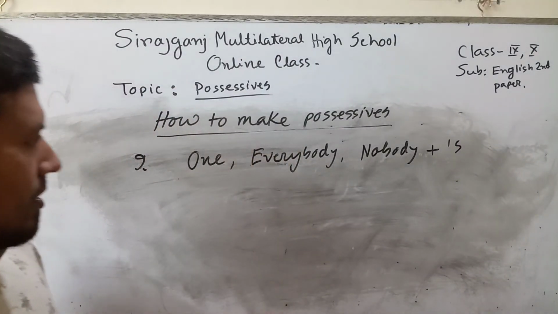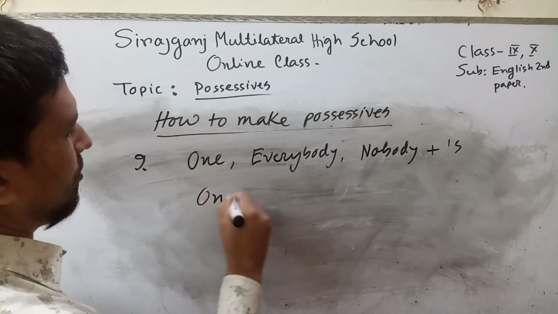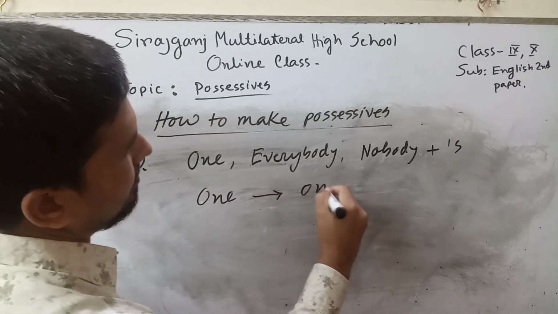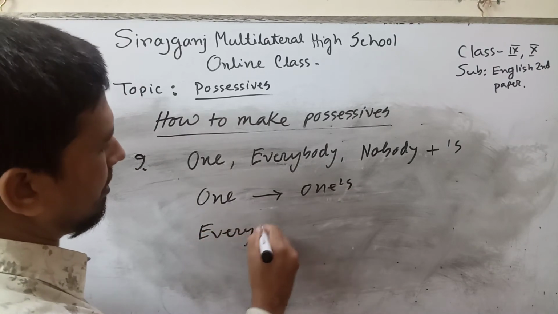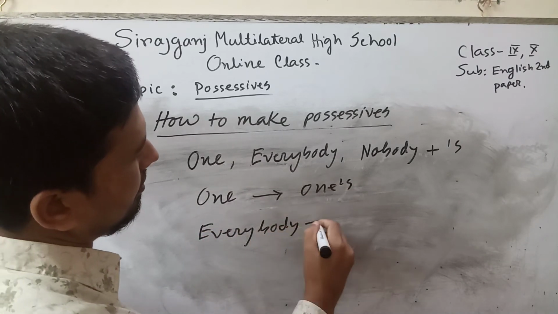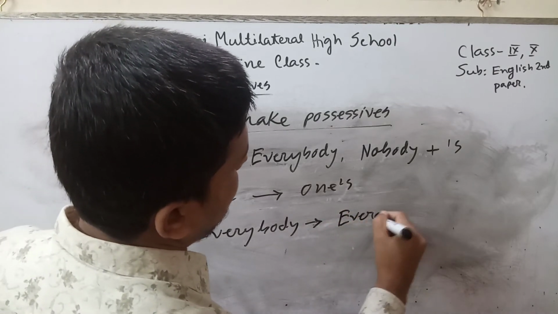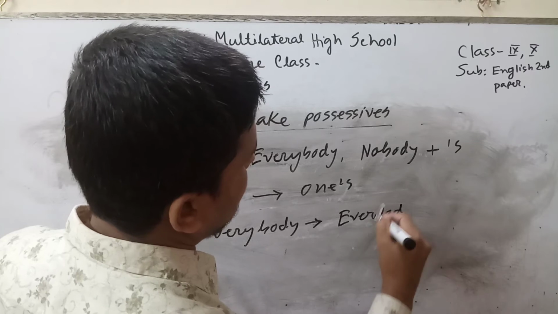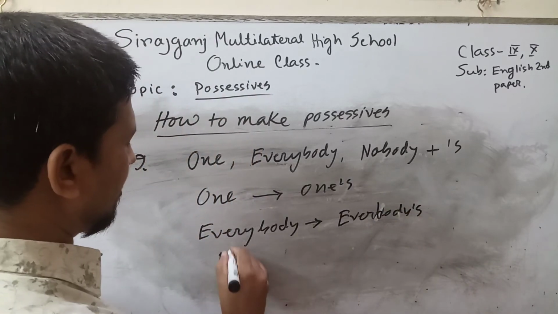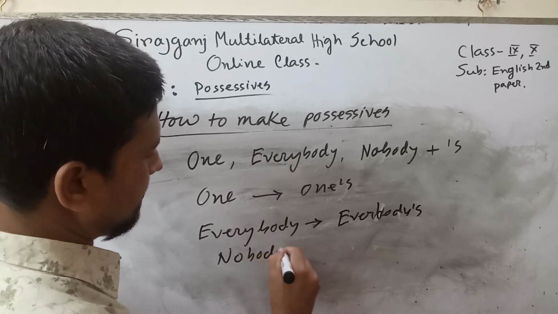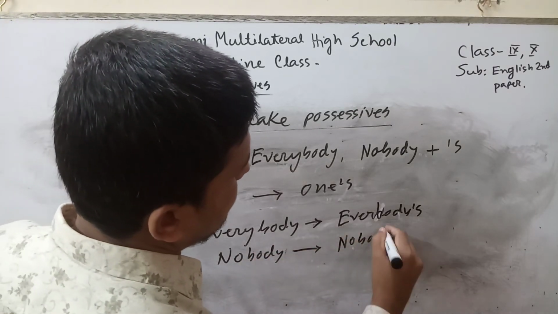One's possessive is one's, everybody's possessive is everybody's, nobody's possessive is nobody's.